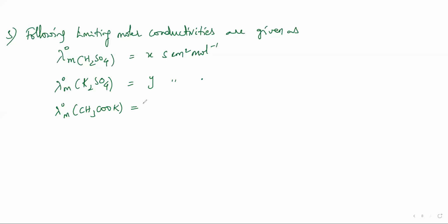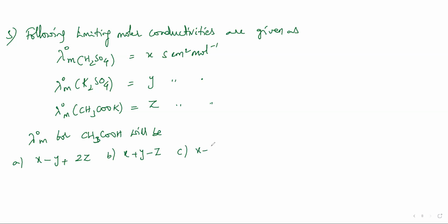Now this is the question. Answer options are x minus y plus 2z, x plus y minus z, x minus y plus z, and the last one, x minus y by 2 plus z. This is the given question.